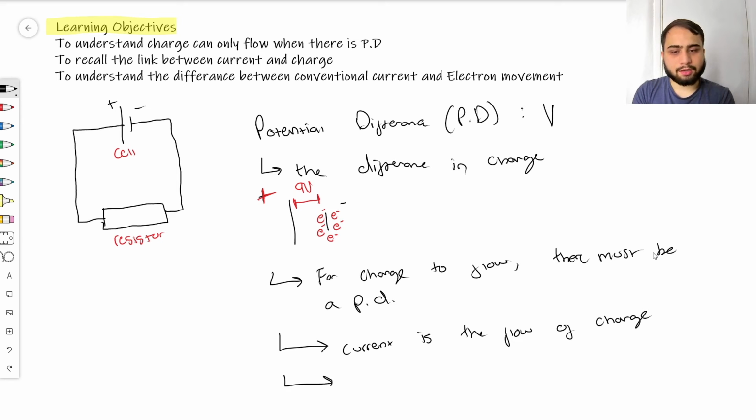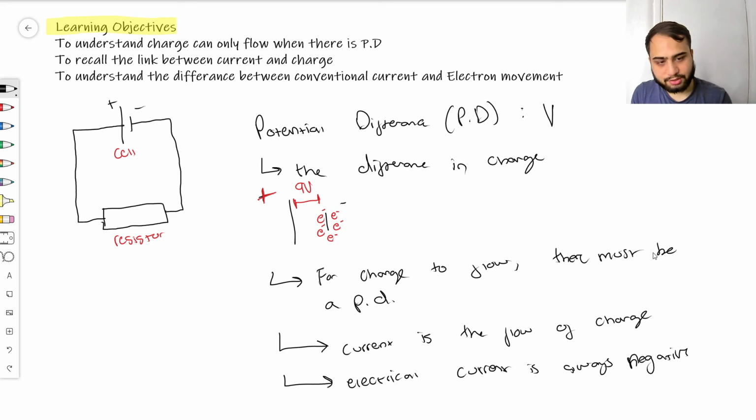Now, electrical current is always negative to positive. Now you'll see in the next slide that there's something called conventional current, which is actually the opposite, which is a bit weird, but we'll get into that now.